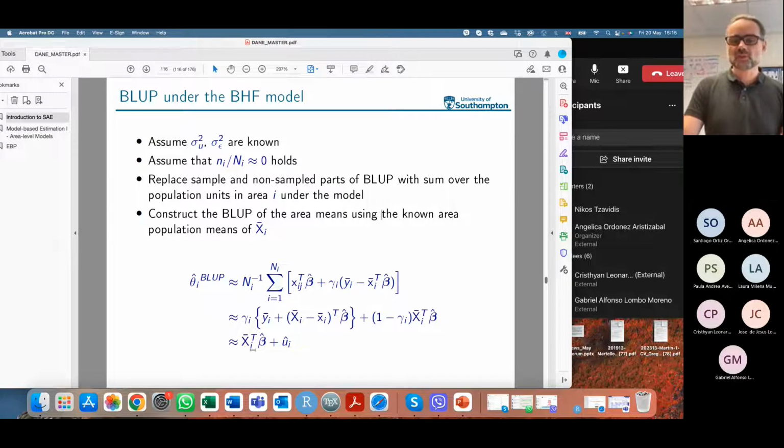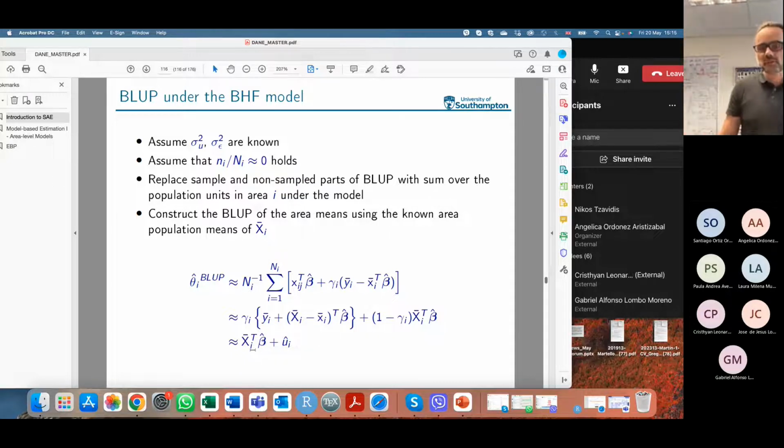Where X bar i is basically the population means of the covariates. So effectively what you need to assume under this model for estimating the small area mean is that the population averages of the x's are also available as part of your data. The way that the unit level model works for estimating small area means is that you need to have a unit level survey data set that you use in order to fit your preferred model.